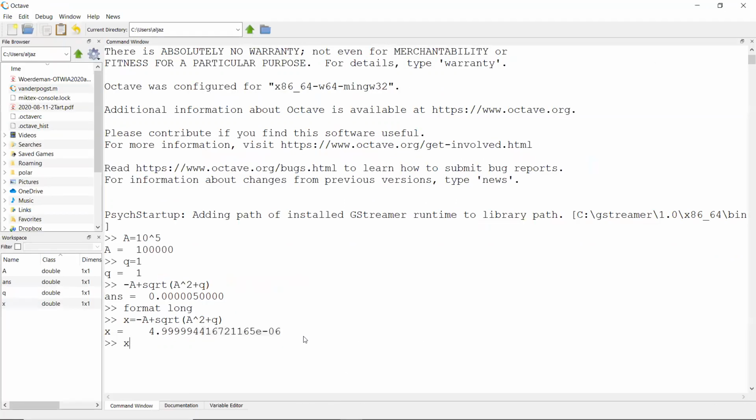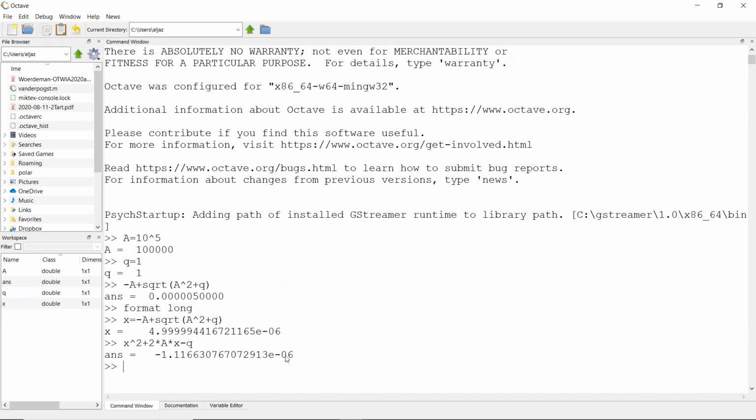So we have x squared, and then plus 2a squared x, and then minus q. And you see, we got minus 1 times 10 to the power of minus 6. So this is not 0. It's small, but it's not 0.